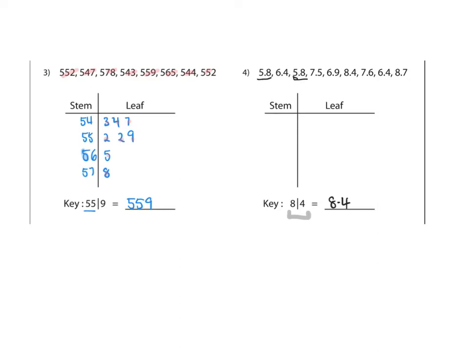The 5s look like the smallest, so 5, and I've got a 5.8, 5.8, so I'd have 8 and 8. And then I might look at the 6s. I have 6.4 and 6.9, so put my stem down, I've got a 4 and a 9, okay, and then so on. I won't keep going.